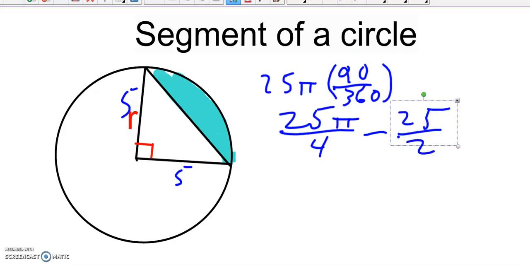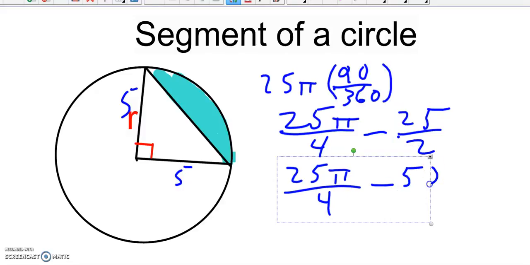If we want to get this in a fraction form, we'd have to turn this one into fourths. So let's do that real quick. We have 25 pi over 4 minus 50 over 4. And we can bring that together as one fraction. That's just 25 pi minus 50 all over 4.